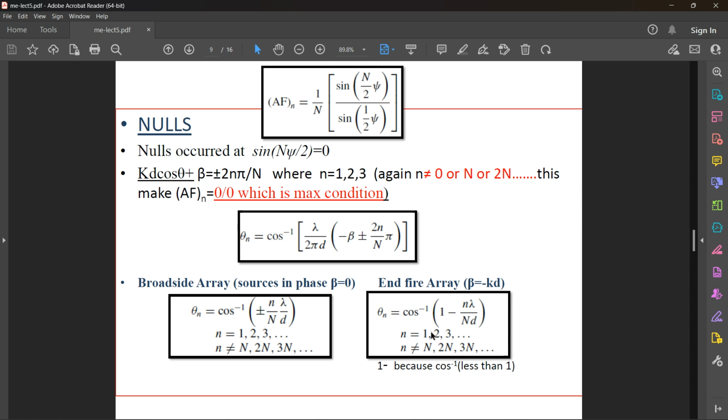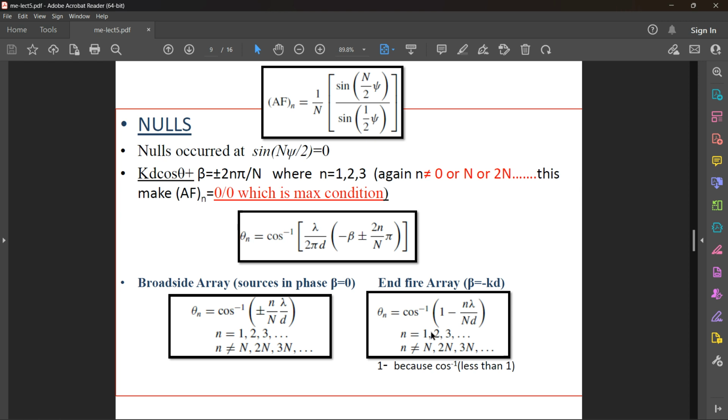The null angle theta n is equal to cos inverse of lambda by 2 pi d into minus beta plus or minus 2 n pi by N, where lambda is the wavelength, d is the distance, beta is the phase, n is an integer, and capital N is the number of array elements.